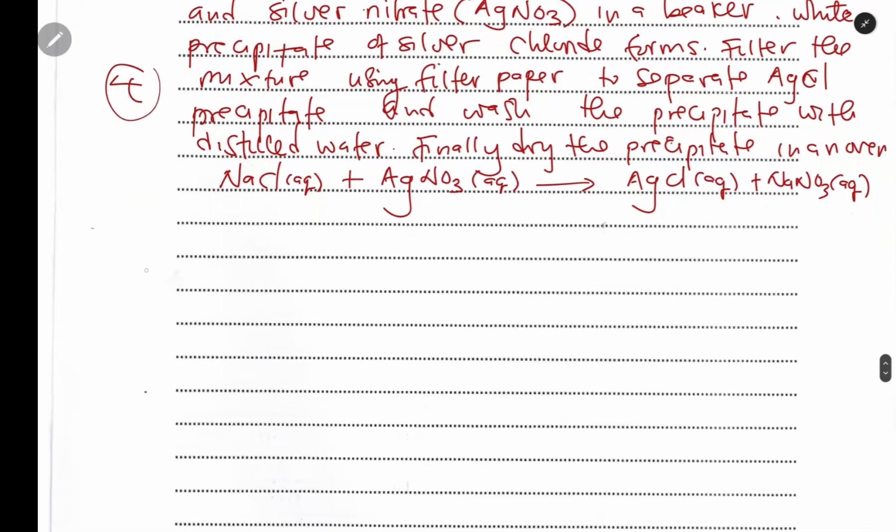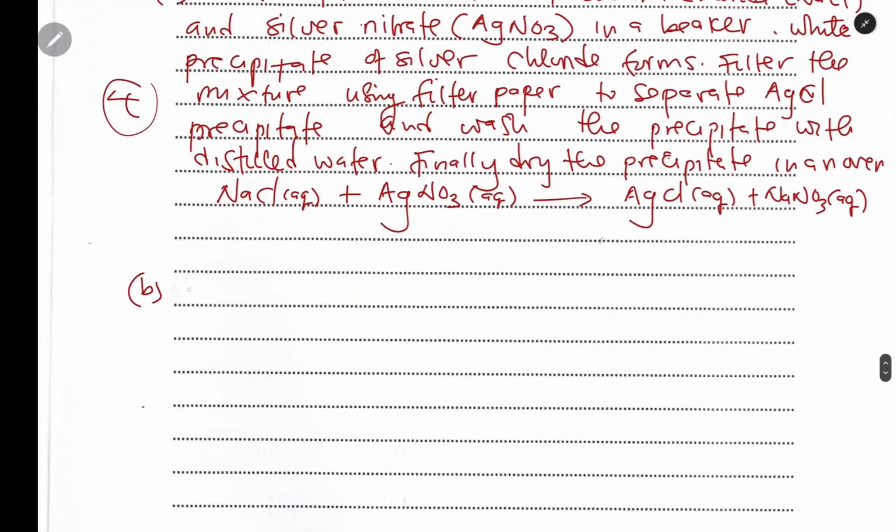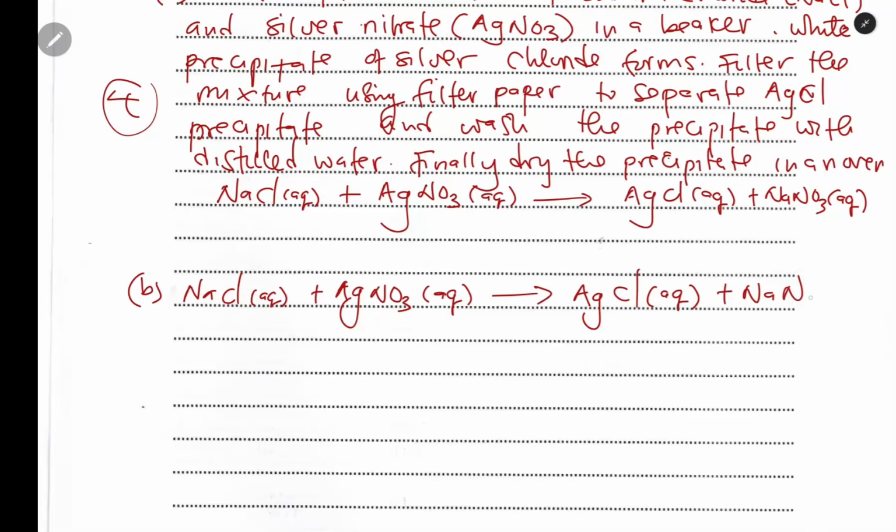Now, the big question here, we are told to write the net ionic equation. So net ionic equation, we know that, is this balanced, please? So we write from the balanced equation. So this is balanced. So sodium chloride aqueous plus silver nitrate, which is aqueous, then resulting into silver chloride, plus sodium nitrate, which is aqueous.